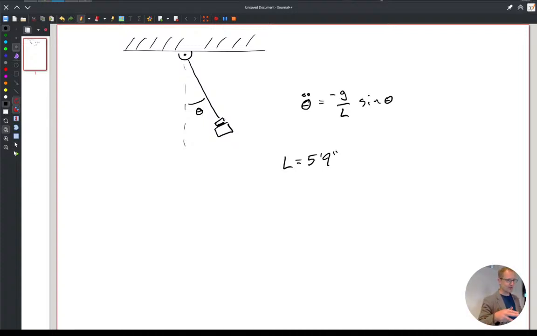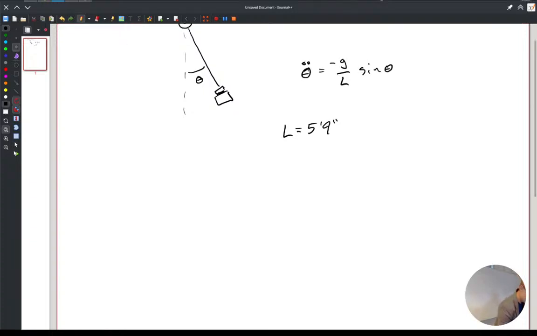So it's a differential equation, and we can solve differential equations. We could get angle as a function of time. So if we know the initial angle, we could say this is going to be the angle forever. It's always going to start at something, go to something else, come back to that. So I could solve this initial value problem.